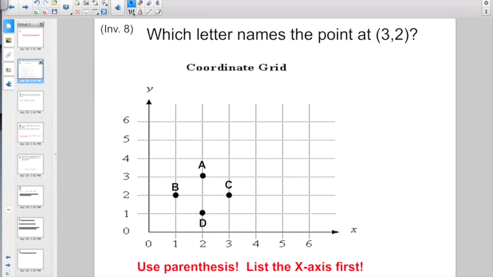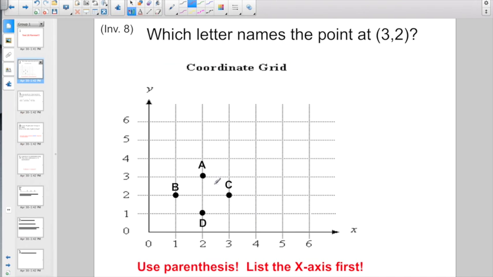So, I wanted to talk about this one because I'm seeing a lot of it in our daily work. When people list out coordinates on a coordinate plane, you gotta remember to use parentheses, and I'm still seeing some people that aren't aware of labeling the x-axis first.